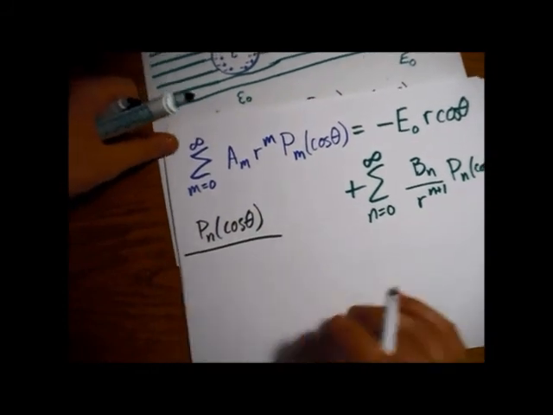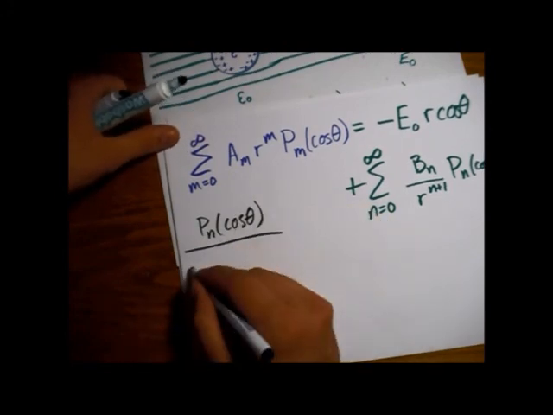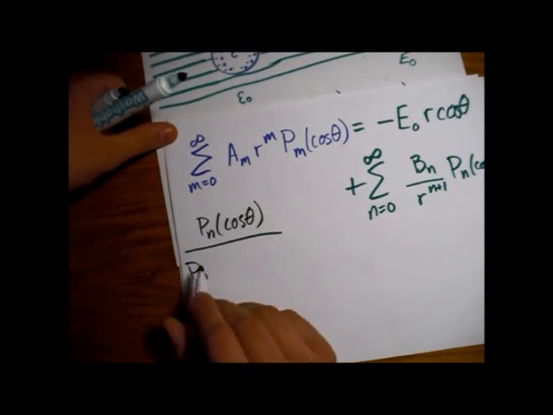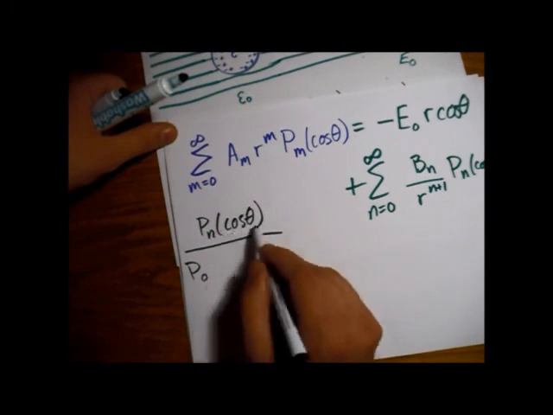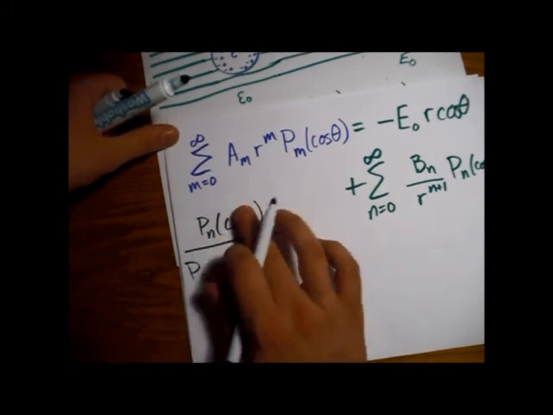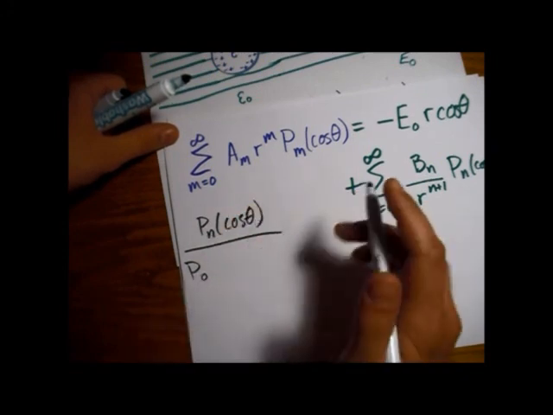I think I only know the first three really, and even then it's tricky for me. So when n equals 0, and this is all only the cosine, you can replace this cosine of theta by whatever.